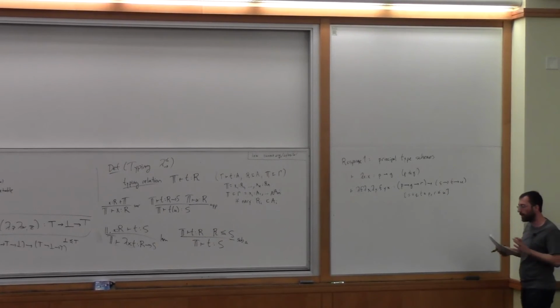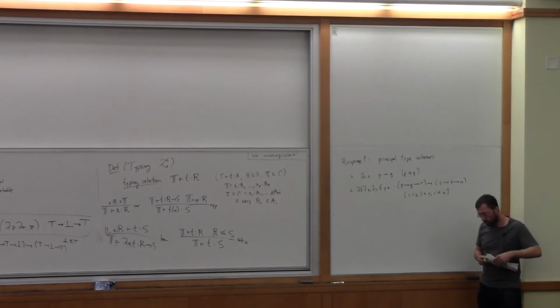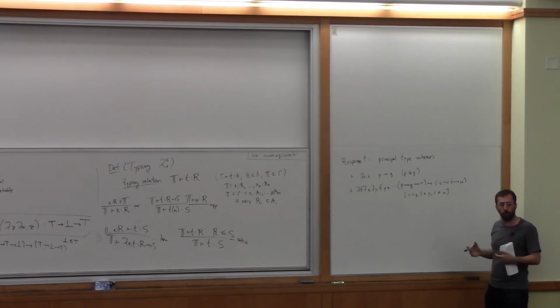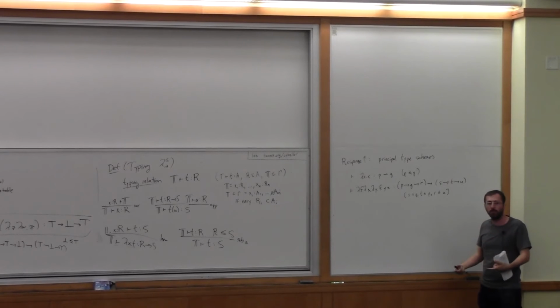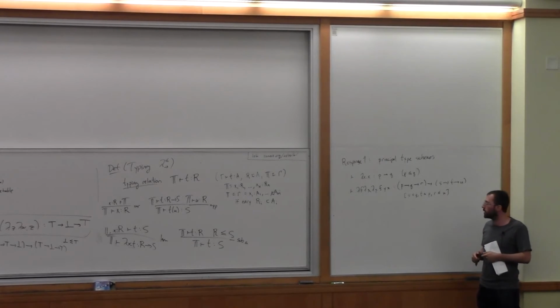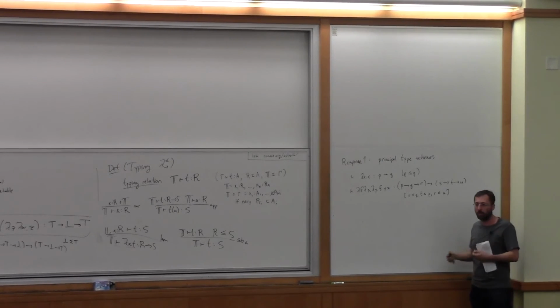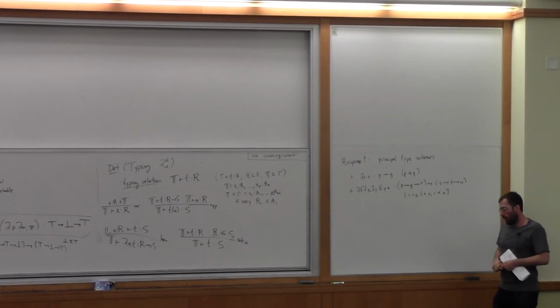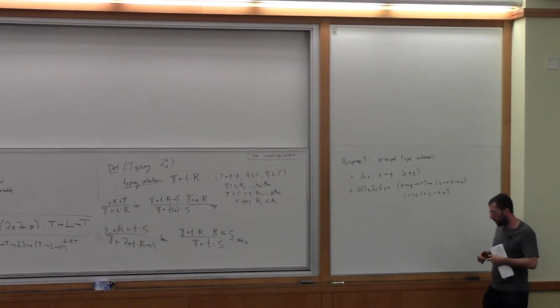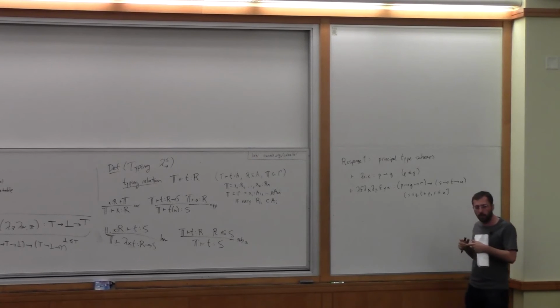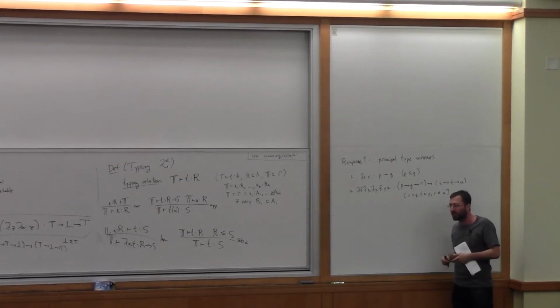So the idea here is that given an arbitrary term, we can try to cook up a set of atoms and the relationship between the atoms, which captures all the possible types for the term. I'm not going to describe it more formally than that. You can look in the notes for more formal definitions of what exactly a principal type scheme is, and some exercises related to that.